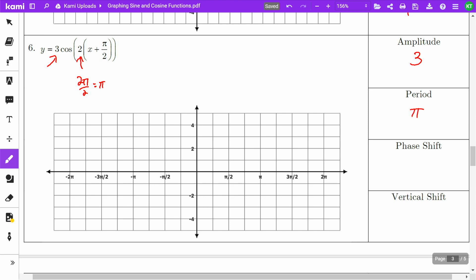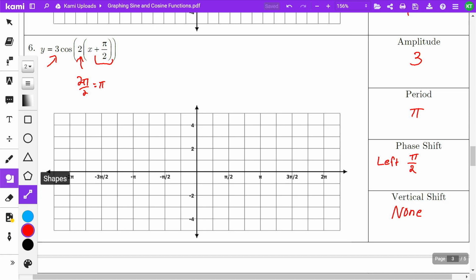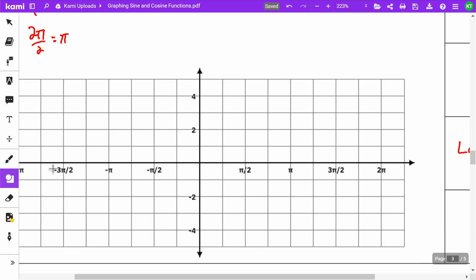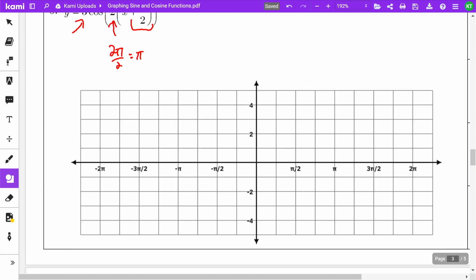My phase shift, I have a plus pi over 2, so that means if it's a plus, I'm going to the left. I am going to the left pi over 2. And in my vertical shift, I have nothing being added or subtracted at the end, so there is none, which means my midline is going to remain at y equals 0.